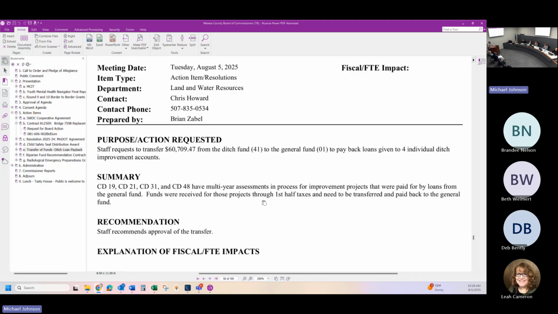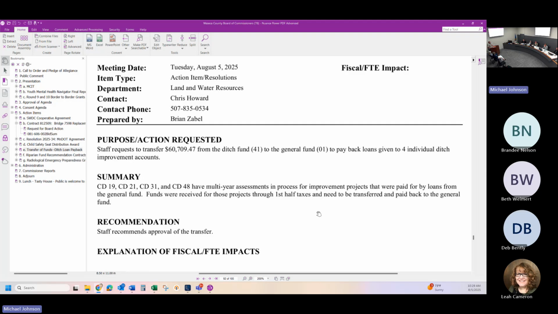Typically, we pay back loans once a year, at the end of the year, but we would like to pay back some of these loans as we receive the first or second half assessments so that we can keep up on them and make the applicable payments, both to the interest and the principal.